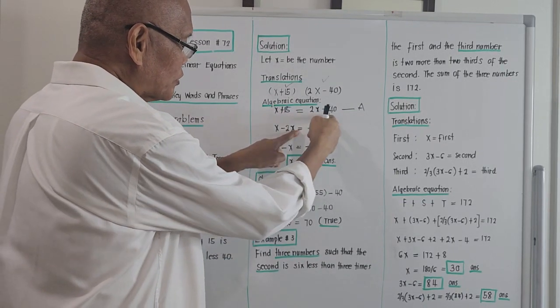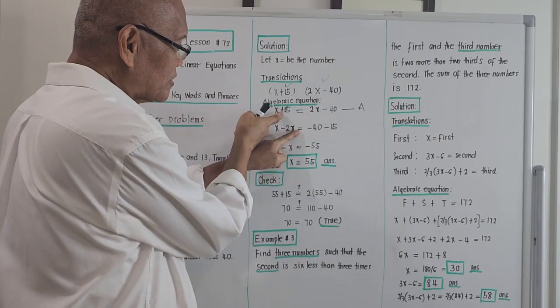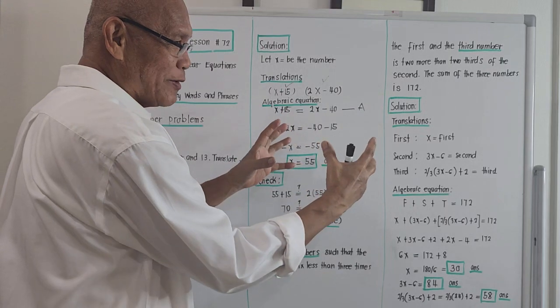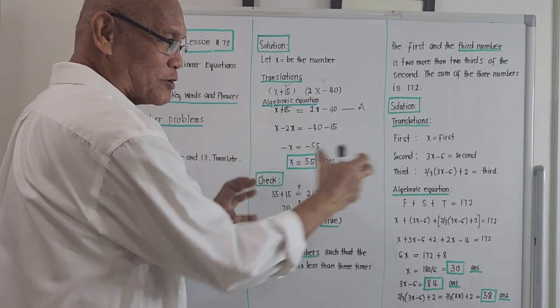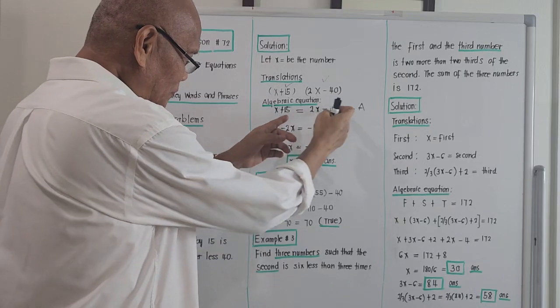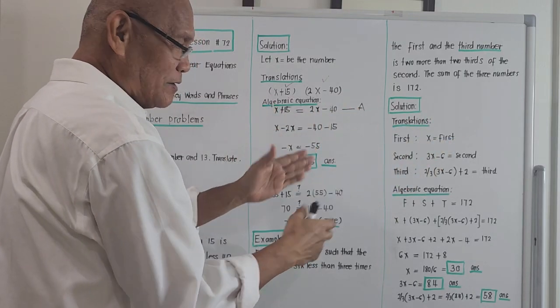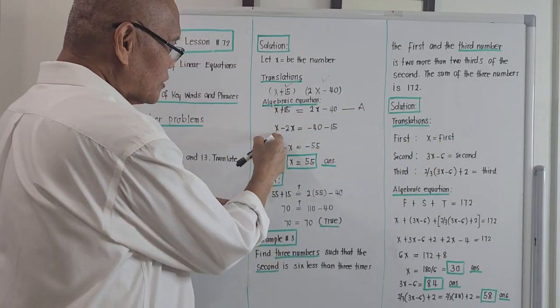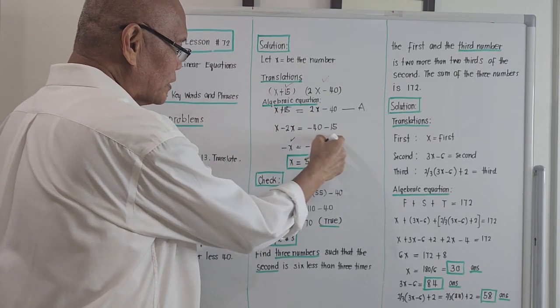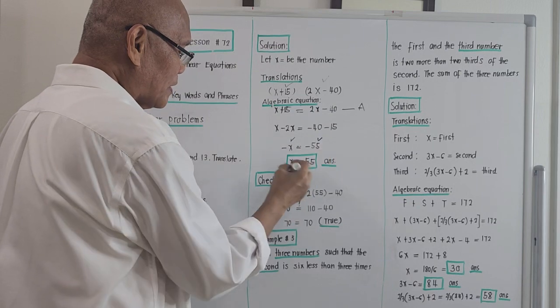When we transpose it, we change the sign from plus to minus, so this is minus 15. It's the same. So x minus 2x will be negative x, and negative 40 minus 15 is negative 55.